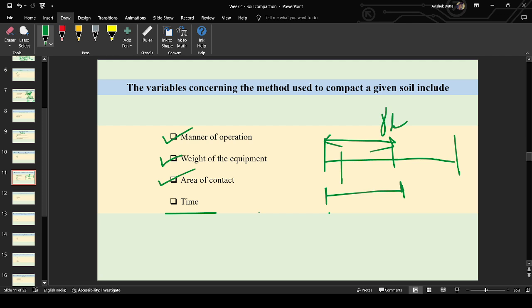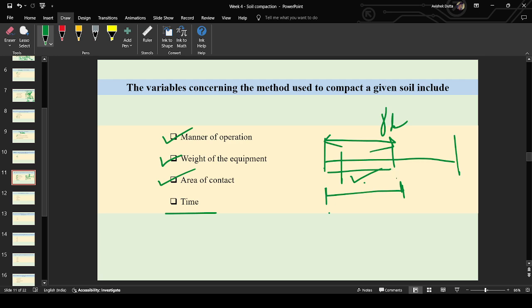See, this one you agree, right? That from here till here, we need a certain amount of time to achieve the dry density. We cannot have it instantly. But this time might be insignificant compared to the time required for consolidation. We all know that. But even this amount of time in the initial phase of compaction is important.